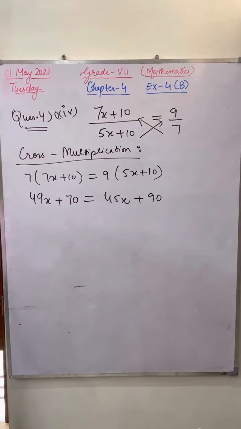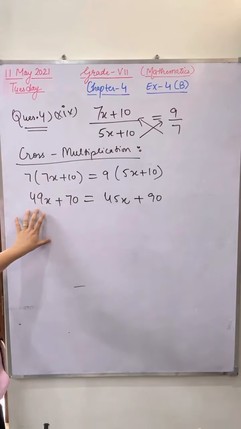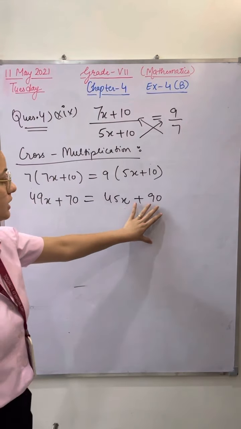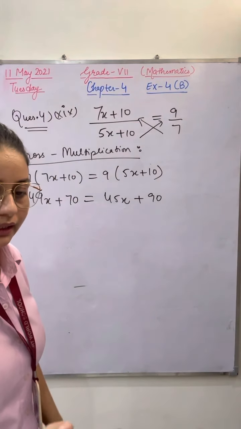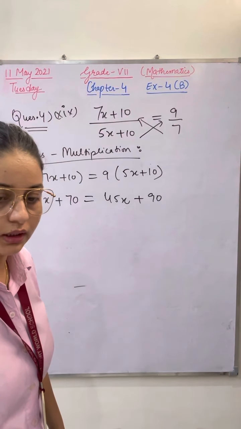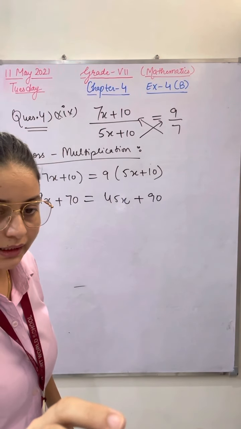Now I'm going to unmute. Here I have constants and variables. I told you a rule in the beginning. Then how can we shift the values?